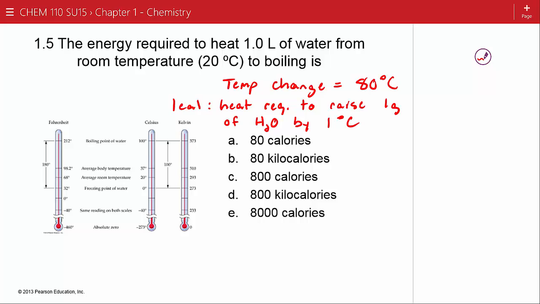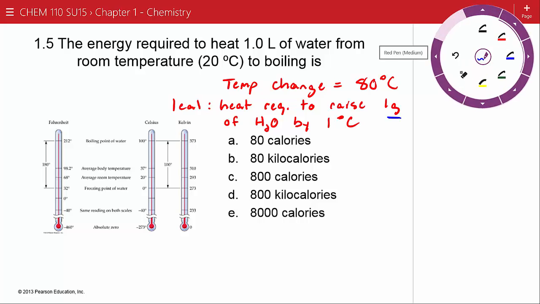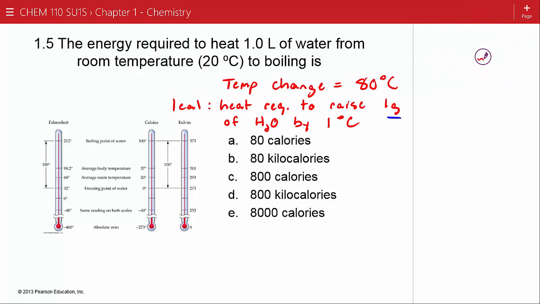So we've got a few things we know, but this one's a fairly tricky problem to work through. So what do you guys think we should start with? Yeah, we should probably change liters to grams, because if we look at our calorie definition, we're referring to grams in here, right? So we've got 1.0 liters.